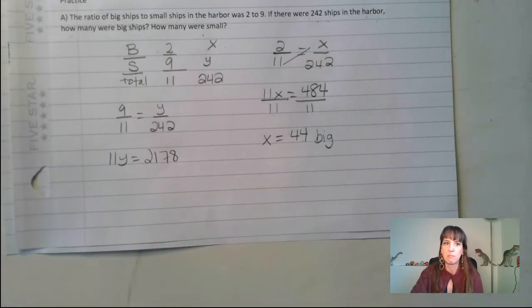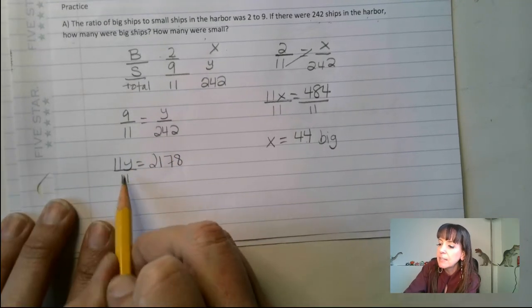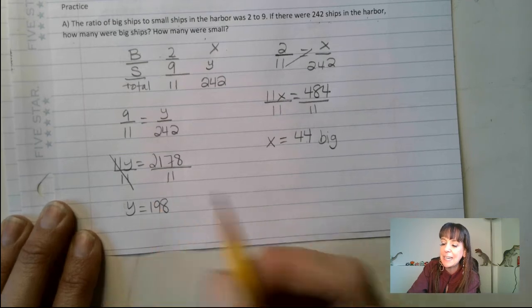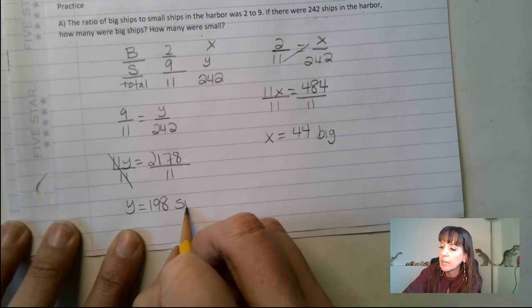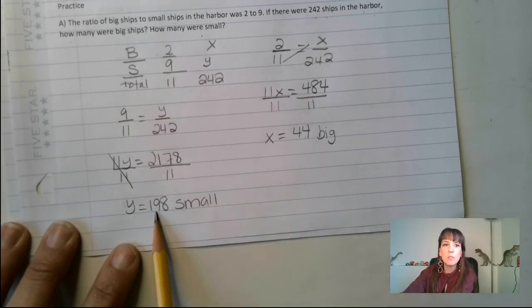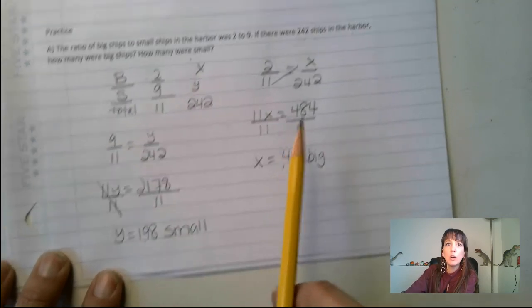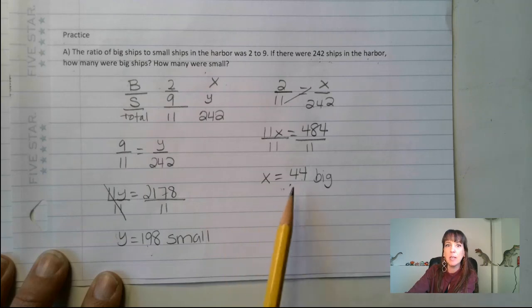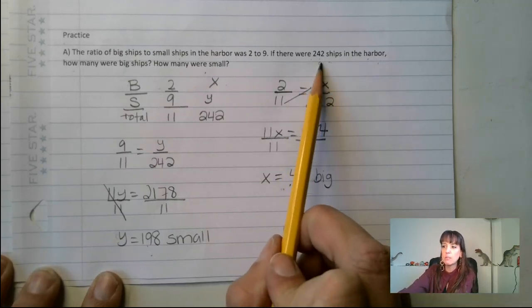Divide that by 11, y equals 198. Now this is going to be small ships, right? So if we've done this correctly, small and big will total 242 ships, and that's exactly what happened. 198 plus 44 gives us 242.